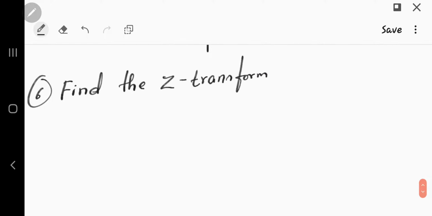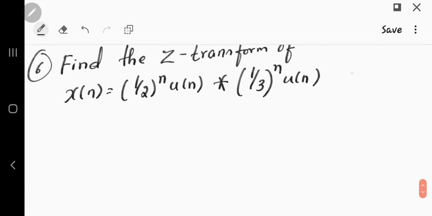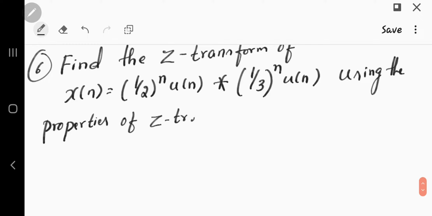So given, find the Z transform of x of n is equal to 1 by 2 to the power of n into u of n convolved with 1 by 3 to the power of n into u of n using the properties of Z transform.